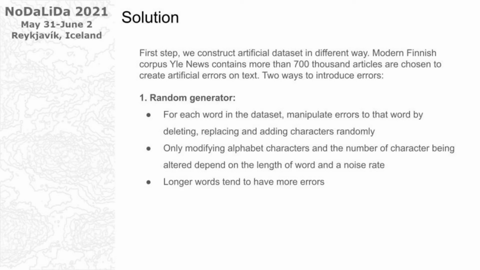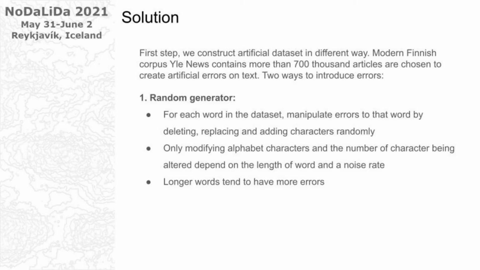First step, we construct the artificial datasets in different ways. The modern Finnish corpus Yle News, containing more than 7,000 articles, is chosen to create artificial errors in text. There are two ways to introduce errors. First is using a random generator.